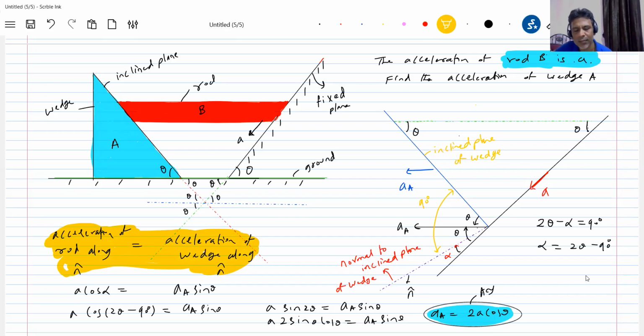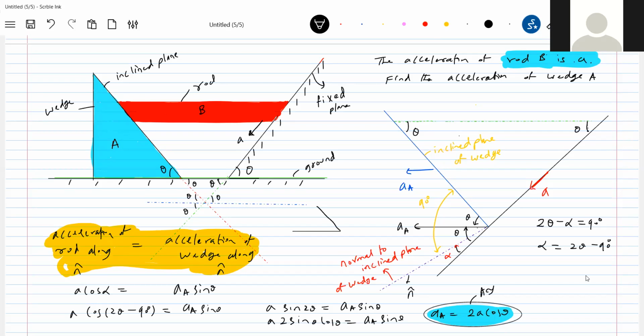Yes, Aman, yeah. Sir, can you explain why acceleration of wedge along n cap is A sine theta, sir? This is, I think, perpendicular. So I'll do one thing. If this is theta, this is the 90 degrees.